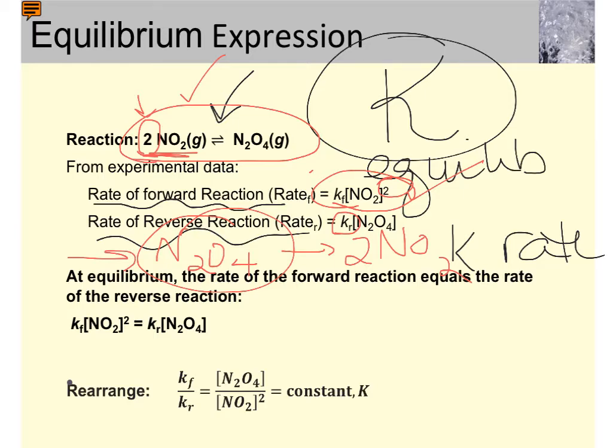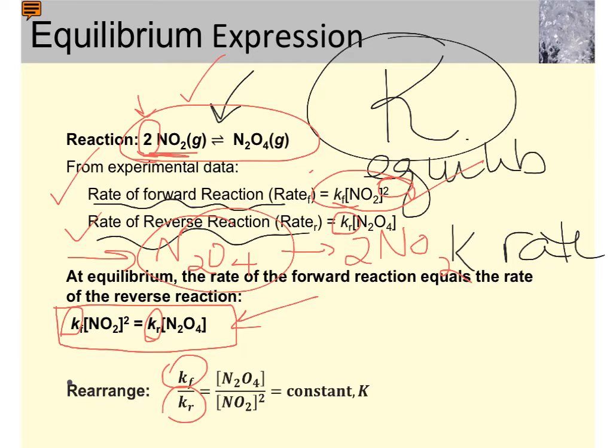All right, so now we have the rate for both the forward and reverse reaction, and if we're at equilibrium, the rate of the forward equals the rate of the reverse reaction. Now, let's rearrange this so that we put the rate constants on one side and the concentrations on the other.